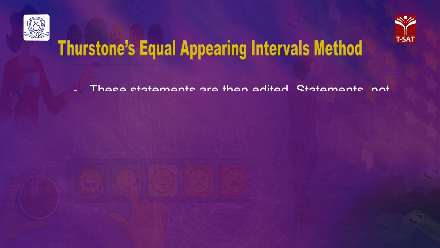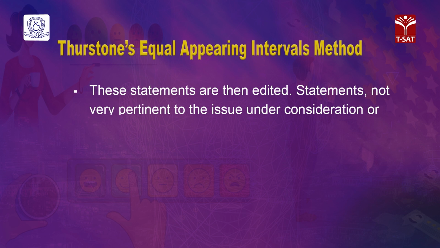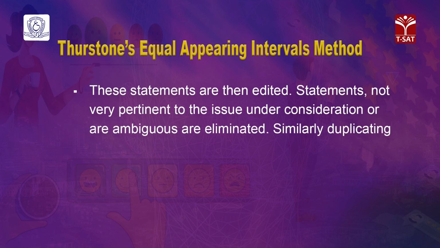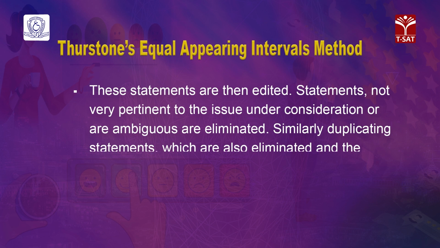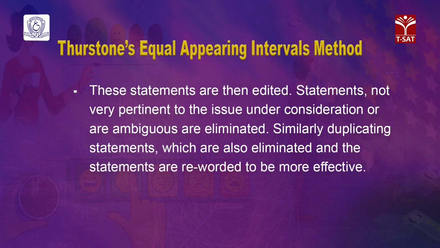These statements are then edited. Statements not very pertinent to the issue under consideration, or that are ambiguous or vague, are eliminated. Similarly, duplicating statements, that is repetitive statements, are also eliminated, and the statements are reworded so that they are more effective. So, thus editing will be done.